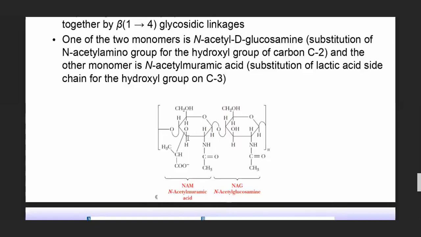1, 2, 3. Notice here, this side chain is called lactic acid. So this is the only difference between them, NAM and NAG, as they are abbreviated. Now the cross-links in the bacterial cell wall consist of small peptides.